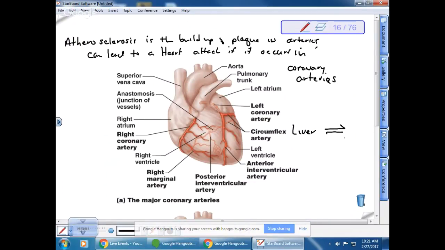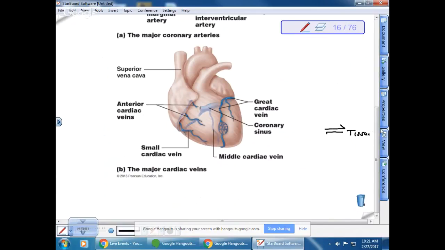There are these two directions that it can go.